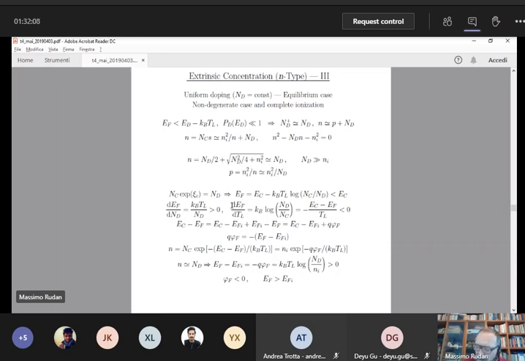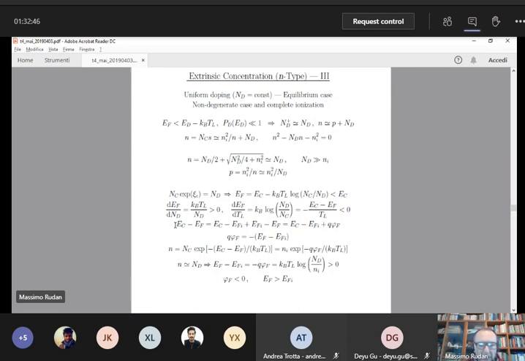Before we repeat the analysis, of course, the analysis is quite similar for the P-type doping, we must introduce a new symbol. Look at this line, okay? You remember in the definition of N, you have the exponential of EC minus EF, okay?